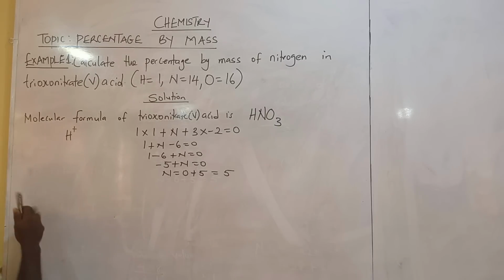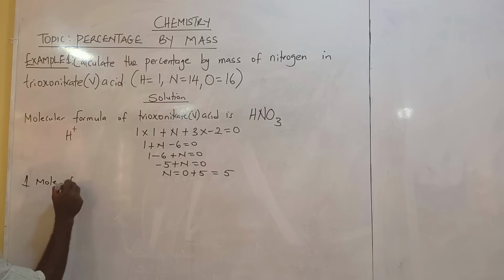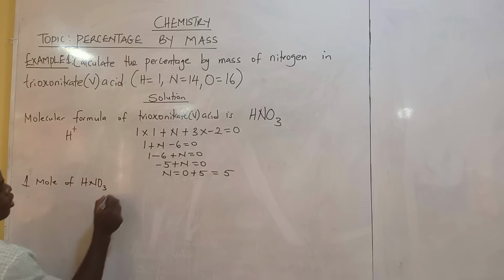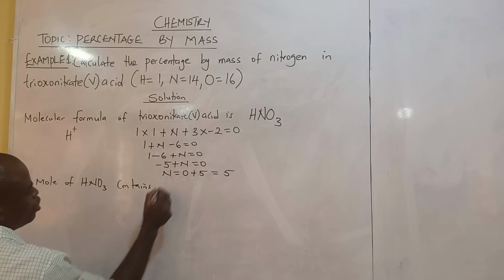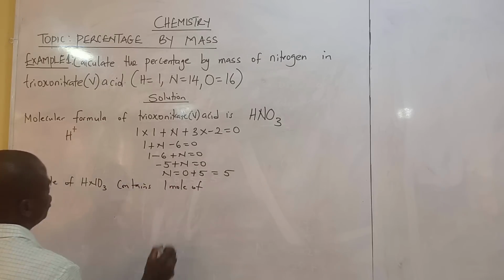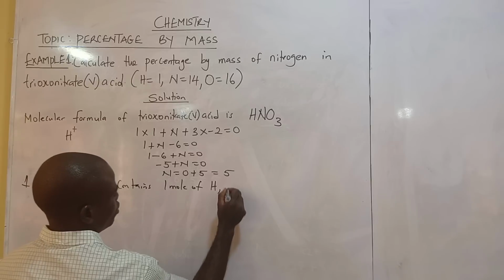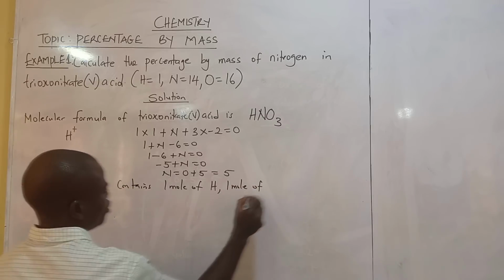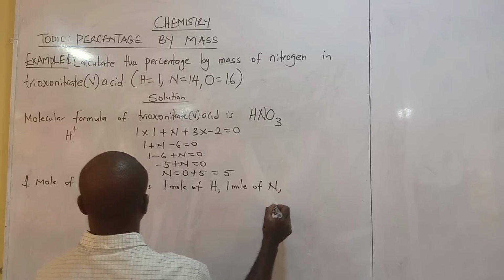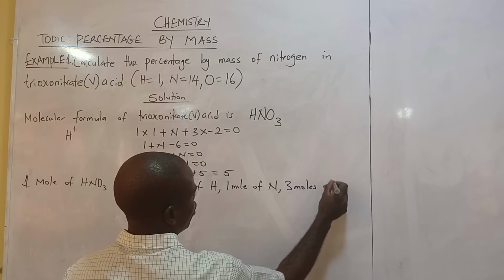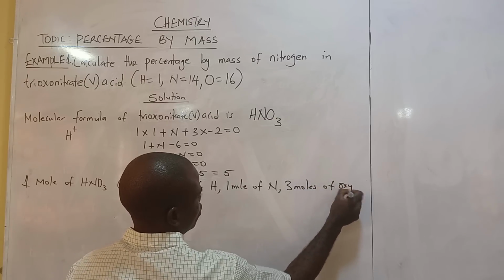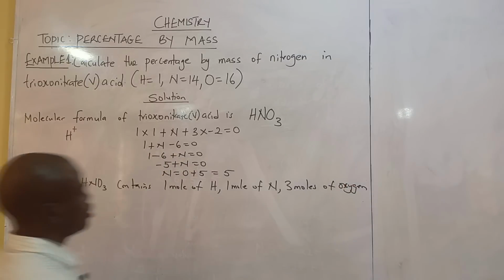Now, what you need to know is that 1 mole of HNO3 contains 1 mole of hydrogen, 1 mole of nitrogen, and also 3 moles of oxygen. 3 moles of oxygen.